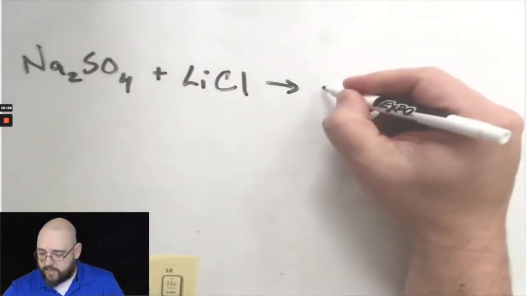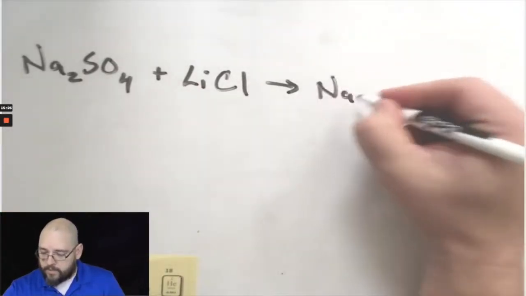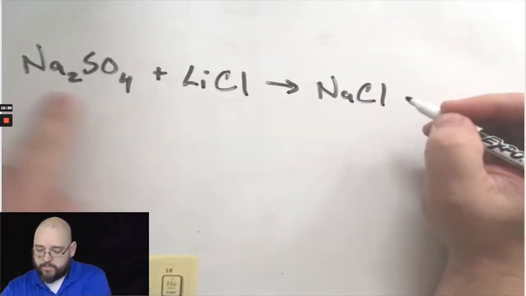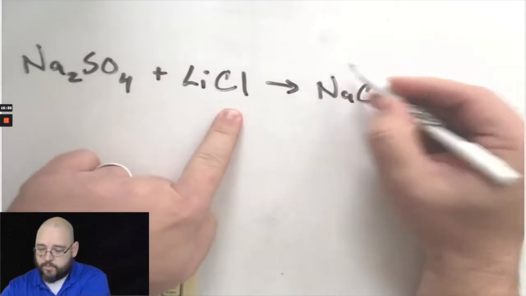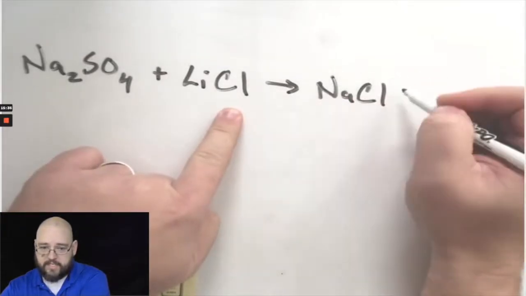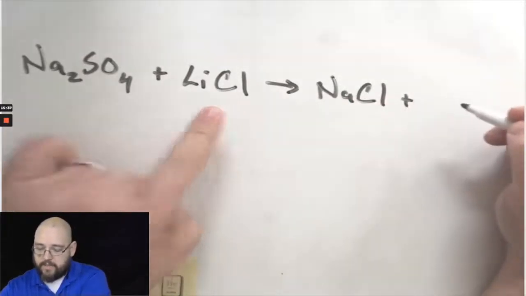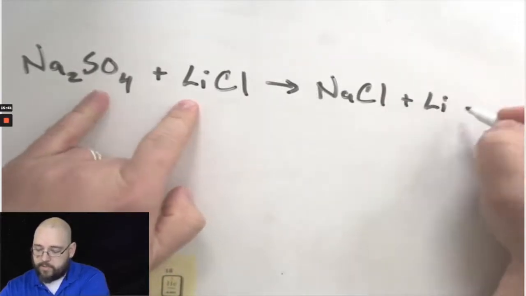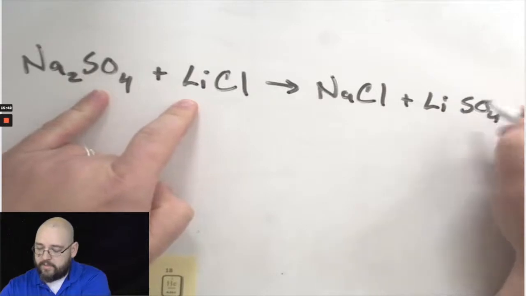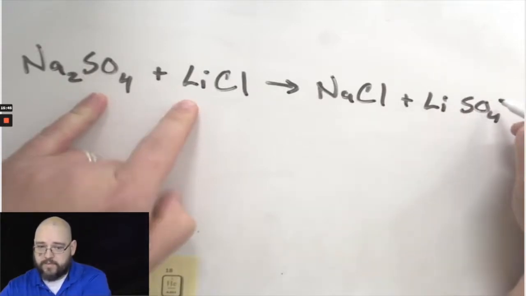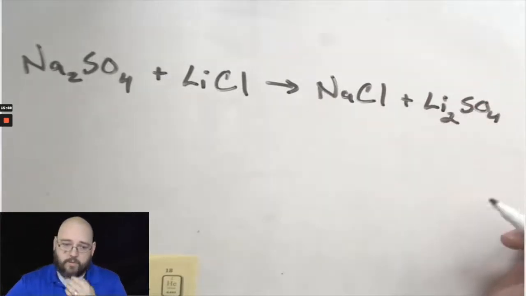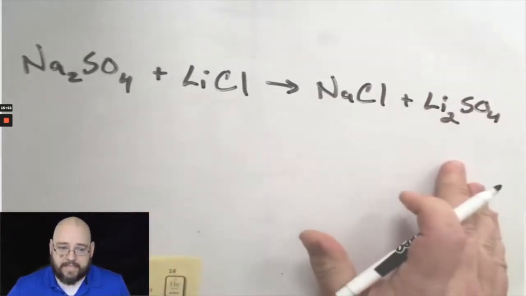So that's going to give me sodium chloride. So the sodium is now combined with chlorine. Sodium is a +1, chlorine is -1, so it stays NaCl. And now my lithium is combined with sulfate. Now lithium is a +1 and sulfate is a -2, so when I cross the charges it's Li2SO4. We have to keep the charges intact.